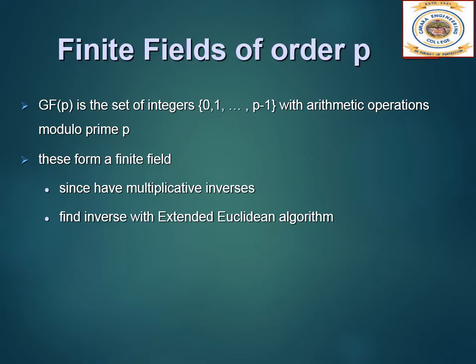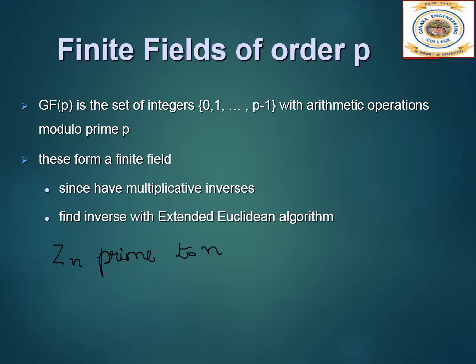We have seen in the previous lecture that any integer in Zn has a multiplicative inverse if and only if that integer is relatively prime to n. If n is prime, then all of the non-zero integers in Zn are relatively prime to n, and there exists a multiplicative inverse for all of the non-zero integers in Zn.